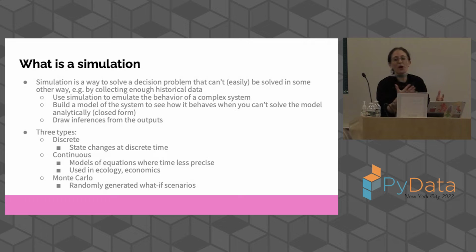Discrete simulations happen in deltas of time that are broken down, and it's always the same delta of time. That's when our state changes. What is the state? State is anything about our simulation or our system, any variables that describe our system.